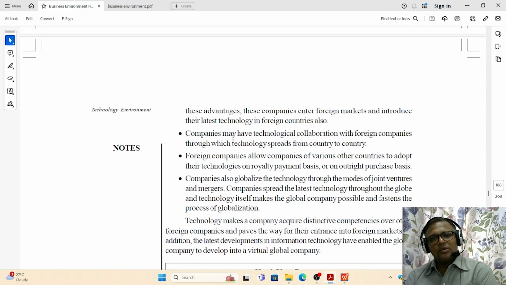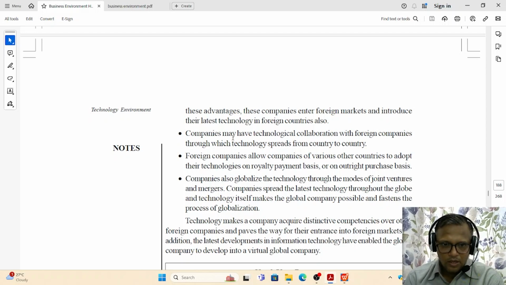Companies may have technological collaboration with foreign companies through which the technology spreads from country to country. Thus, foreign companies allow companies of various other countries to adopt their technologies on a royalty payment basis or on an outright purchase basis.